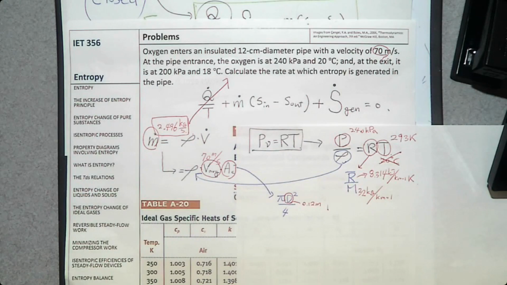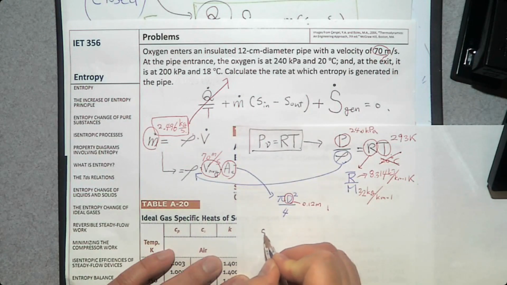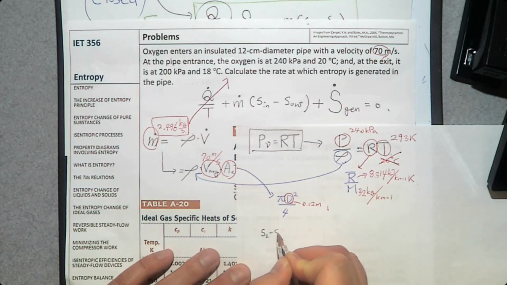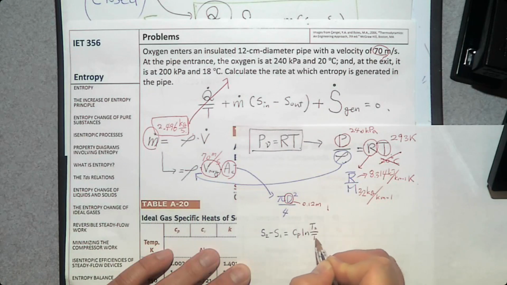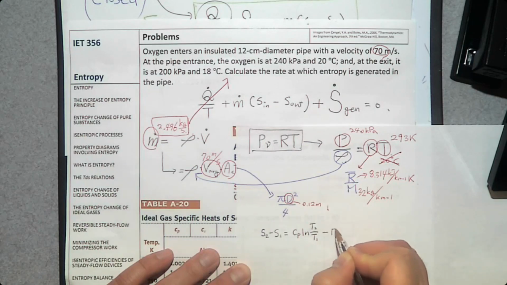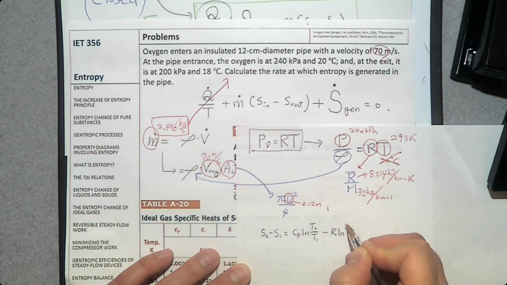Then the next one is S in minus S out. How can we determine S in minus S out? We studied the entropy equation for a pure gaseous system. If you don't remember, S2 minus S1 is Cp natural log T2 over T1 minus gas constant R natural log P2 over P1.